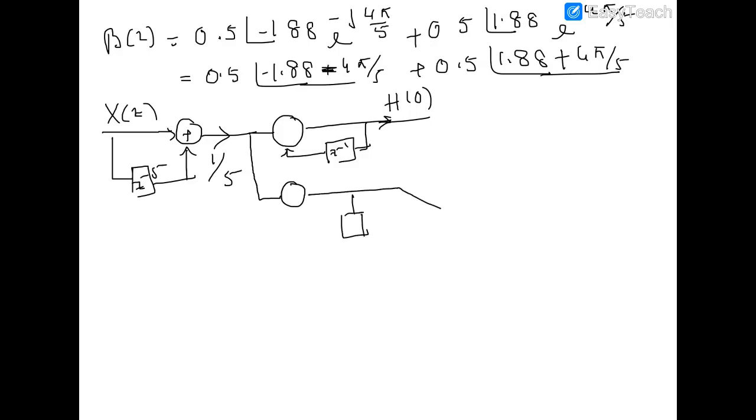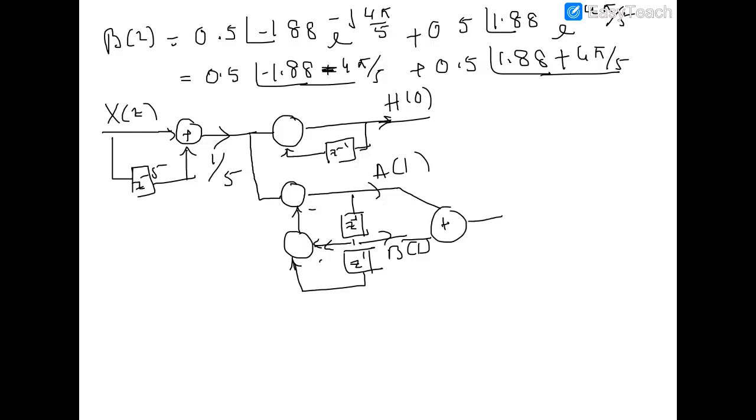So we have z to the power minus 1 here, one more here, and that will give me this is B of 1, this is A of 1, this should get multiplied, it should be added up, and then the next one, similar to the previous one, here the term is going to be 2 cos 2 pi by 5.